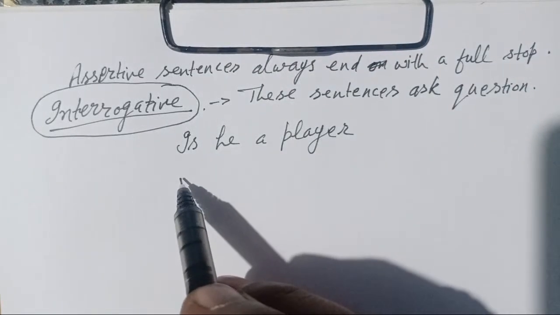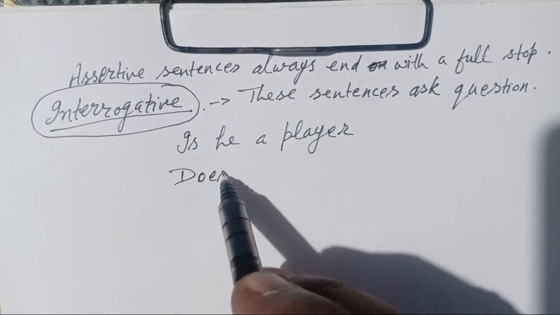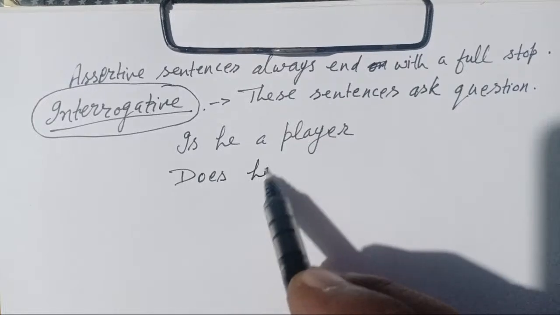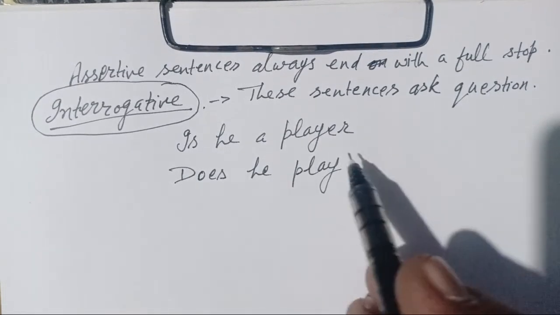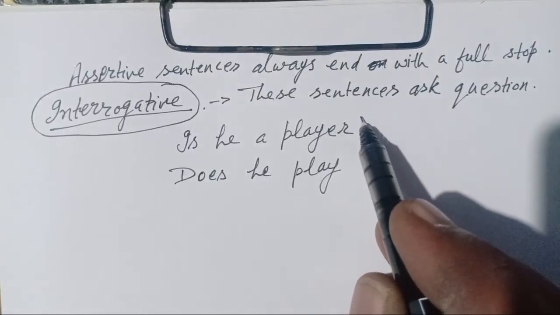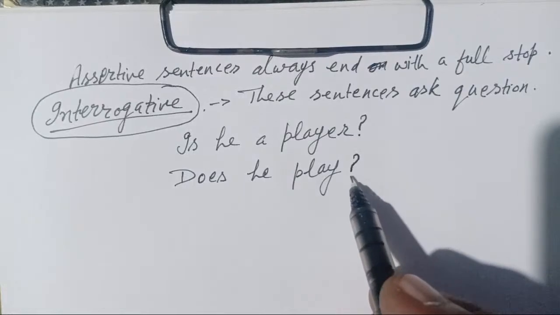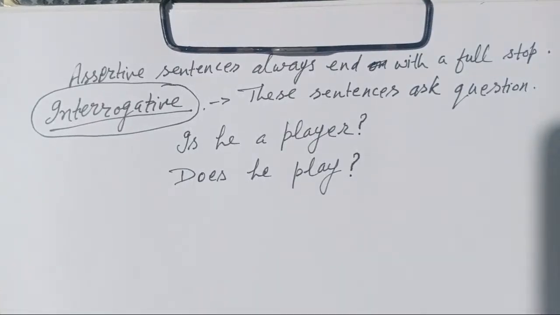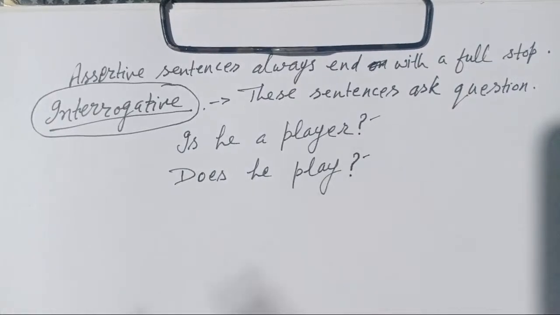Or we can say, does he play? But keep in mind that they always carry one mark of interrogation at the end. This is the main identification of interrogative sentence.